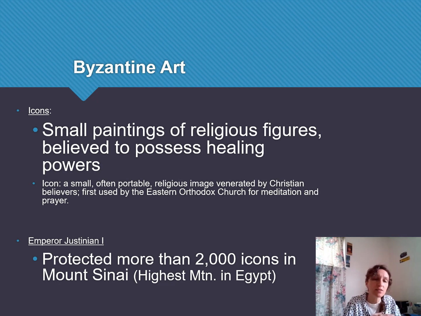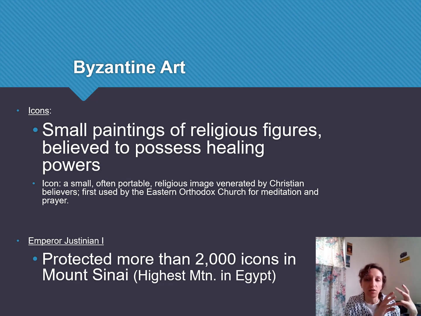So there comes this time when these icons, Christianity, like I said early in the lecture, there's this warning against the worship of false idols, right? Think of the golden calf or something of that nature.